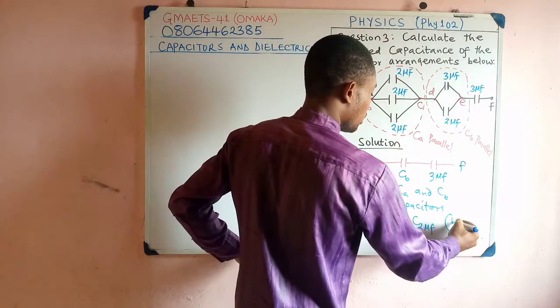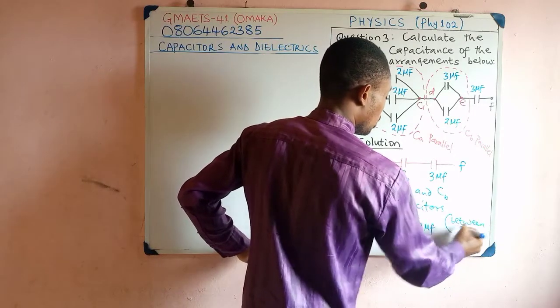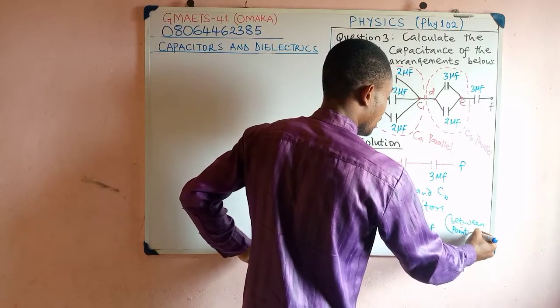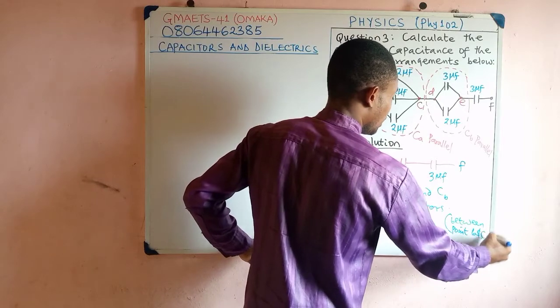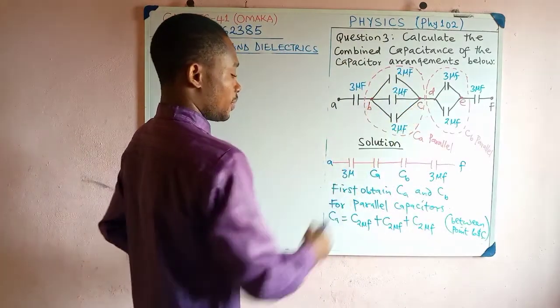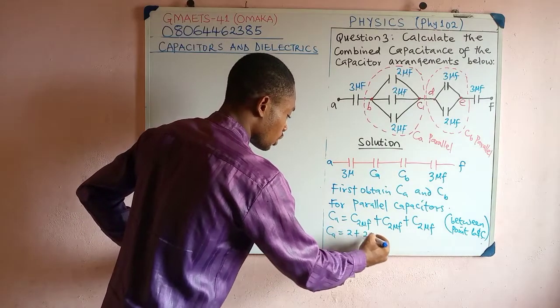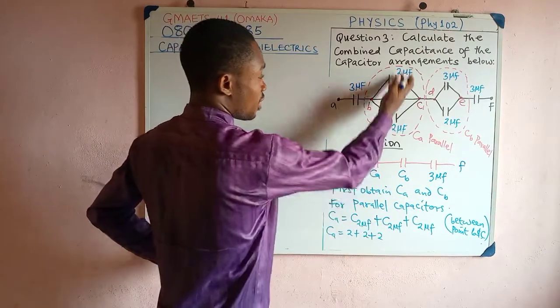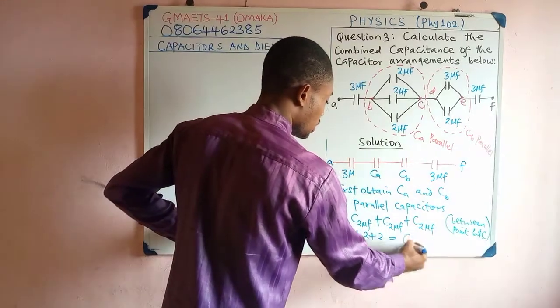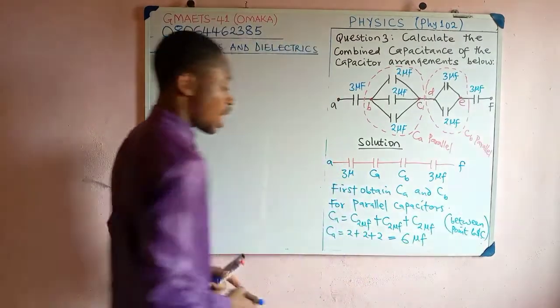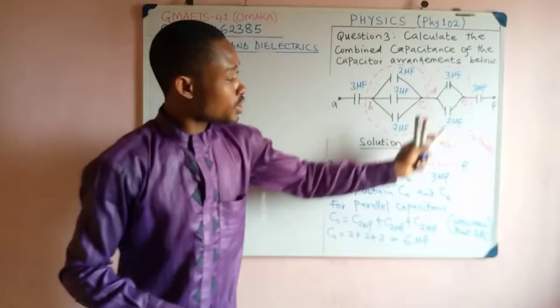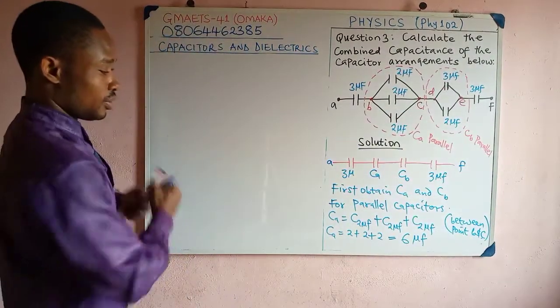This is between point B and C. So if we do that, our CA will be equivalent to 2 plus 2 plus 2, because I have the 2 microfarads in between these 2 points, which is 6 microfarads. We've gotten our CA.